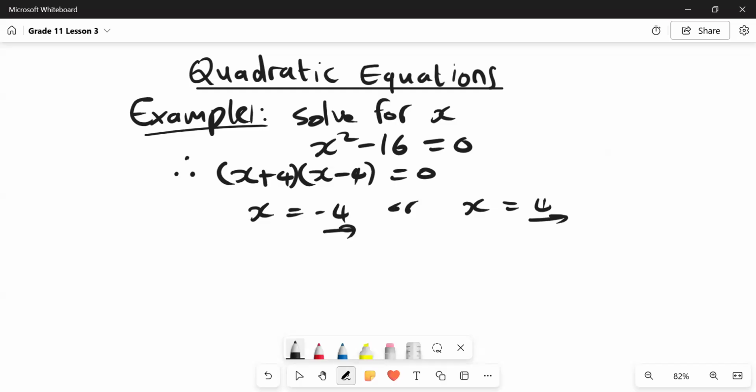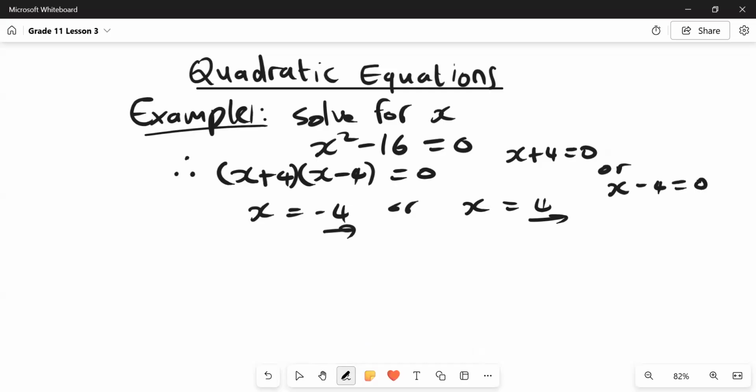Others will say, why don't we equate this to 0 like this? And then we get to this level. It's still the same. Even if you do this, you'll get full marks. So it's up to you. Remember, A student finish first.